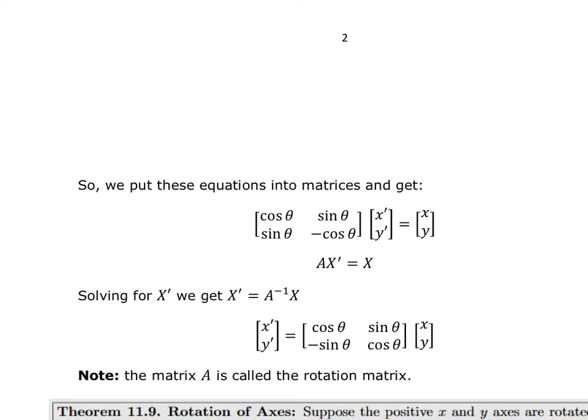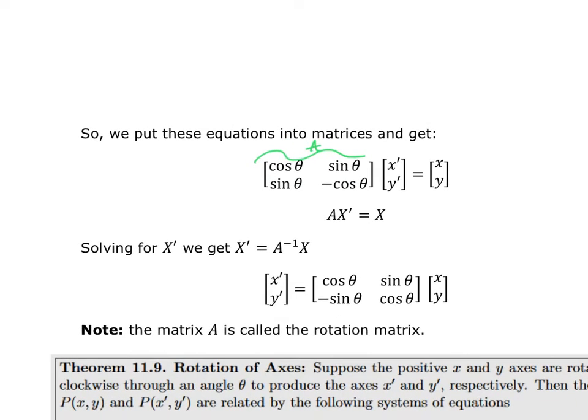But if we use matrices to solve for x prime, y prime, which is what I want, I set up the matrix where I have cosine and sine, sine and negative cosine. These are multiplied by our primes. If I then take the A inverse where this part is A, take the A inverse of both sides, I end up solving for y prime and x prime, which is what I wanted in the first place.